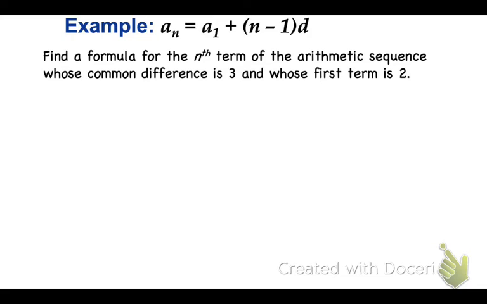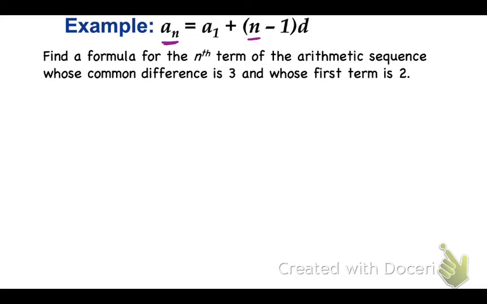When I find a formula, I'm still going to have n, and I'm still going to have what? A sub n. Those would be my input and my output. My x and my y, my domain and my range. My domain is n, my range is a sub n. It's the output. So when I'm done, I'm still going to have those things in there.